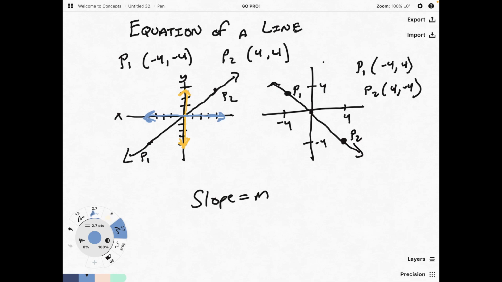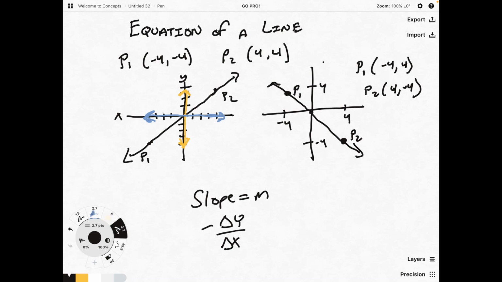You are able to find the slope by utilizing any 2 points on the line by taking the change in y over the change in x. Oftentimes, you will see the change in y and the change in x denoted by the Greek letter delta, which represents the change in y, and then you have the change in x.